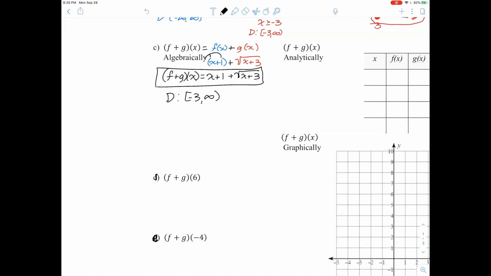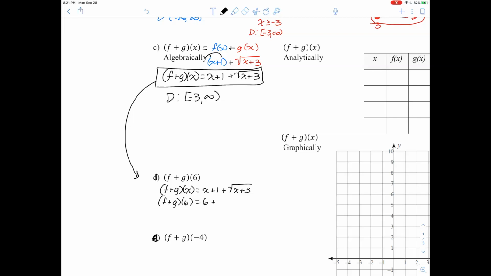Okay, so let's take a look at this next one. Let's find the f plus g of 6. Okay, so first of all, we've already added the f plus g of x. And so we already know that the f plus g of x is equal to x plus 1 plus the square root of x plus 3. So if we want to find the f plus g of 6, well, we would just replace the x with 6.